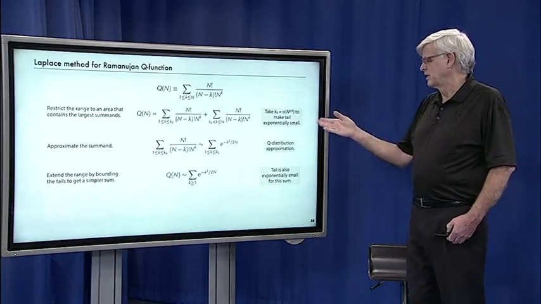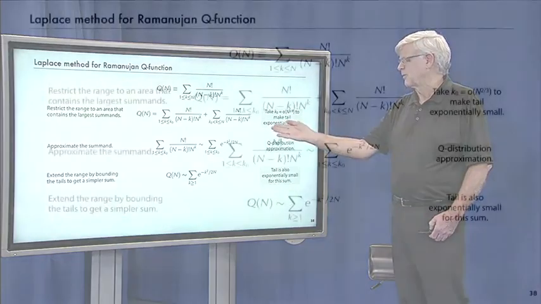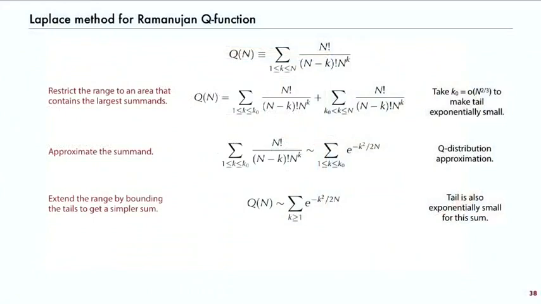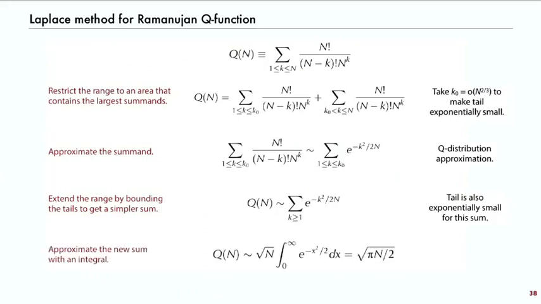But that one also for large k is going to be exponentially small. So we might as well just extend the range back to be an infinite sum, because the tail's also exponentially small for that one. And now that sum we can just approximate with an integral. And if you do that, you get square root of pi n over 2.